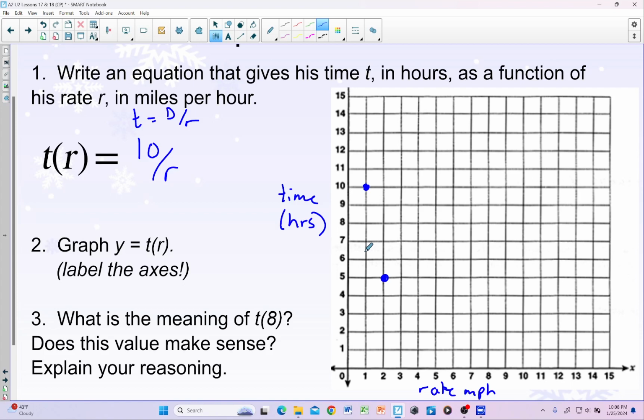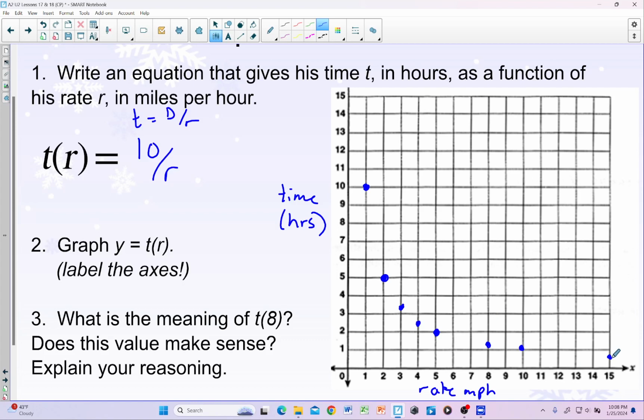And so we can continue this pattern and just basically taking these numbers and dividing them into 10. So 3, well, this one will be a decimal because you'd have to go a little over 3 hours. 10 divided by 3 is about 3 and a third. 10 divided by 4 is 2.5. 10 divided by 5 is 2. 10 divided by 8 is 1.25. 10 divided by 10 is 1. 10 divided by 15 is just under 1.